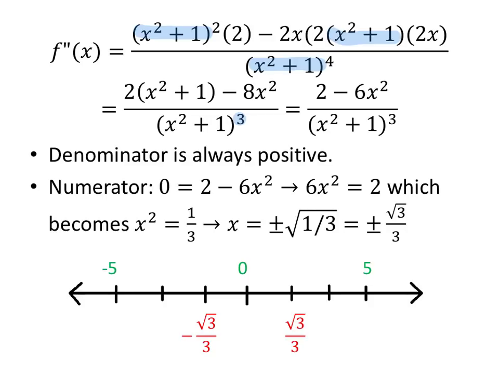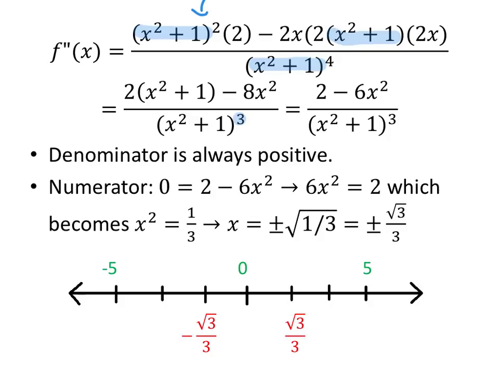In my numerator, at this location, I'm left with 2 times x squared minus 1. I've taken out the x squared plus 1, so I have 2 times 2 times 2, which is 8x squared. And then when I combine like terms, I'll have 2 minus 6x squared all over x squared plus 1 to the 3rd power.